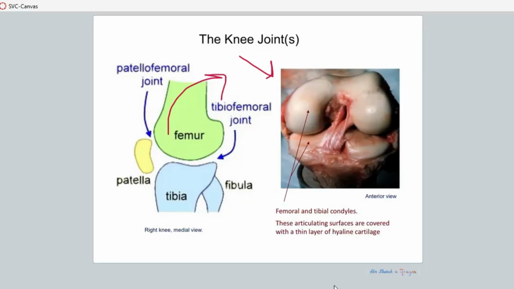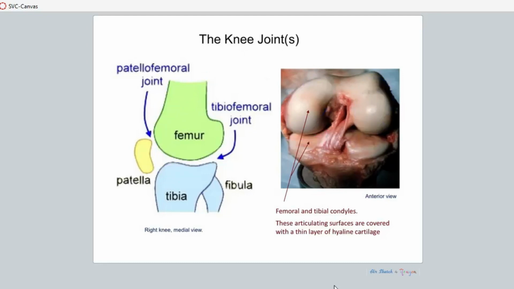So we can see the articular surfaces of the femur and the tibia. And so what we're looking at here, these are the articular surfaces. These are the femoral condyles, and these are the tibial condyles right there. Those are the articulating surfaces that form the knee joint.